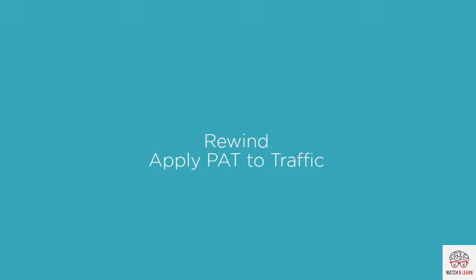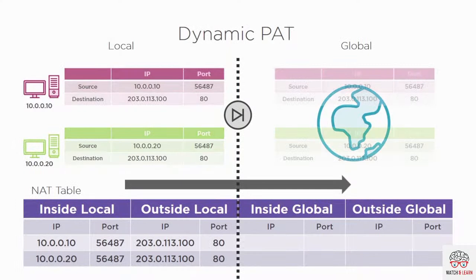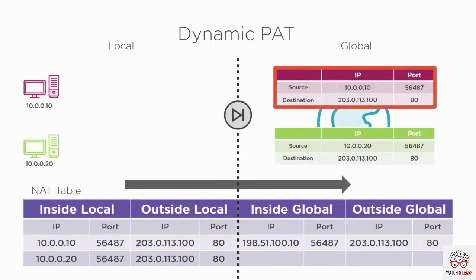So let's rewind this a little bit and apply port address translation to the traffic to make it work correctly. Now when we move these out to the global internet, we're going to treat each one separately. We'll start with the 10.0.0.10 address, and we will change that to be 198.51.100.10 as the source address, with the source port the same as it was before, 56,487.